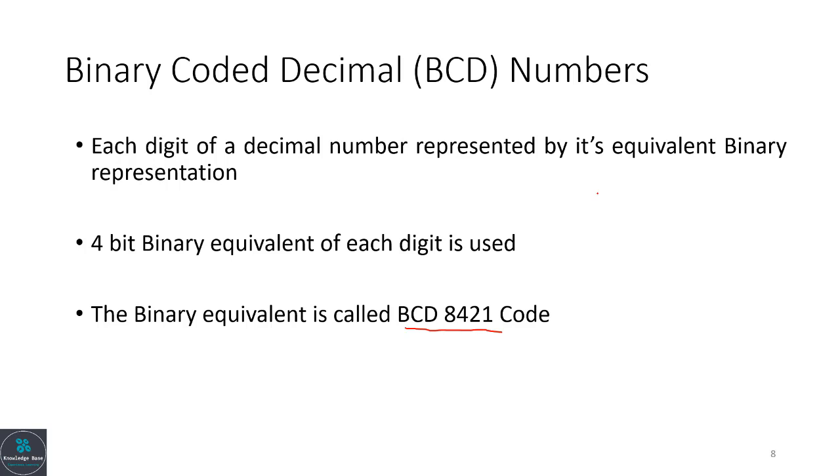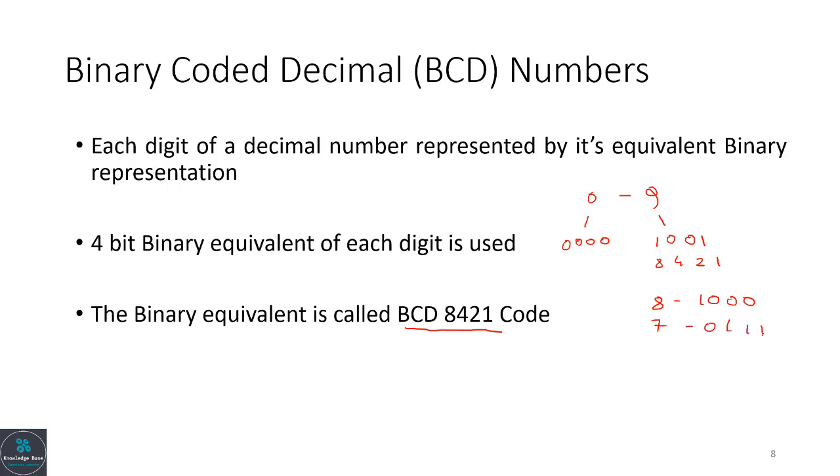So what are the digits we have? 0 to 9. So 0 will be represented by 4 zeros and 9 will be represented by 1 0 0 1. Now 8 4 2 1, these are the weightages. So 8 plus 1 is 9. Similarly 8 will be 1 0 0 0 and 7 will be 0 1 1 1.